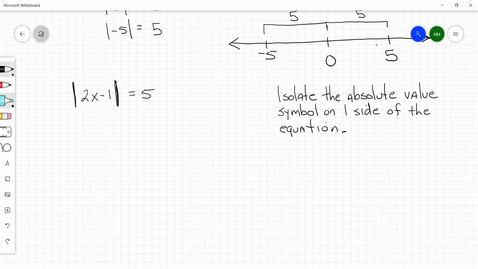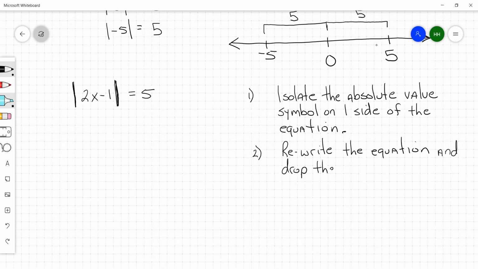The second step is to rewrite the equation. So once this absolute value symbol is by itself, you rewrite the equation and drop the symbol. So we rewrite this as 2x minus 1 equals 5.